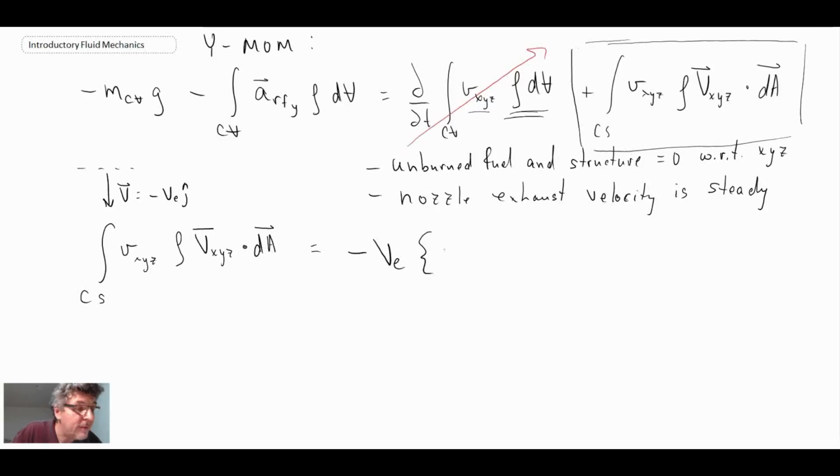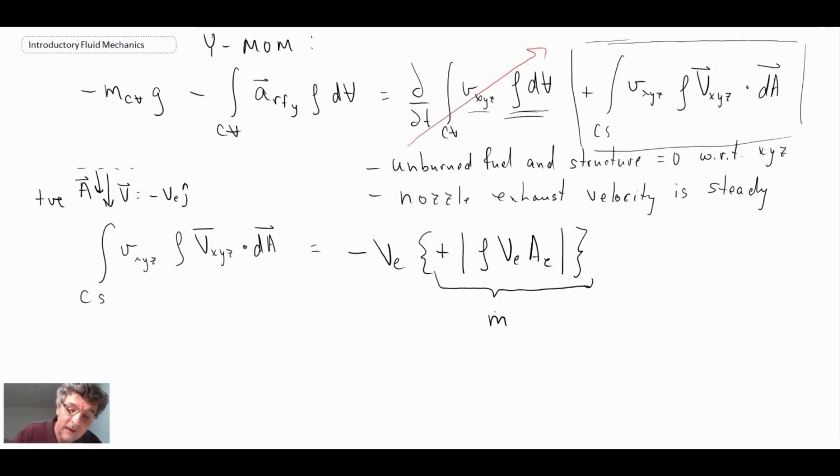And then that's multiplied by the mass flux. Looking at it, the area vector is in that direction, so the dot product comes out to be a positive, so we express that as being positive here. And so rho VE area exit is nothing more than the mass flow rate exiting, so m dot E, which we expressed earlier from continuity.